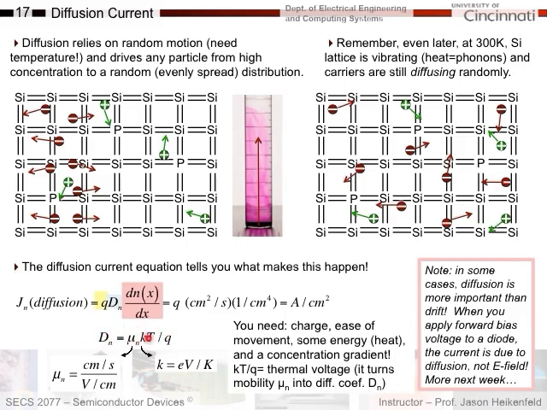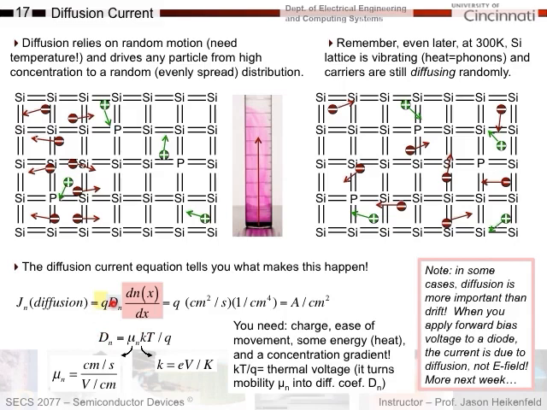For a given temperature and a given mobility, I will have a given diffusion coefficient which will tell me how easy it is to diffuse. If I have higher mobility, it's easier to diffuse. If I have higher temperature, I've got a stronger driving force and I get a higher diffusion coefficient. So I've got coulombs, and I've got how easy it is to move by diffusion, which is the diffusion coefficient.